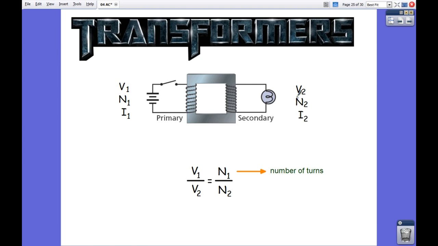a higher or lower voltage. So as you can see here, a transformer consists of a coil, the primary one, and then a secondary on another side. It is connected with this metal loop.